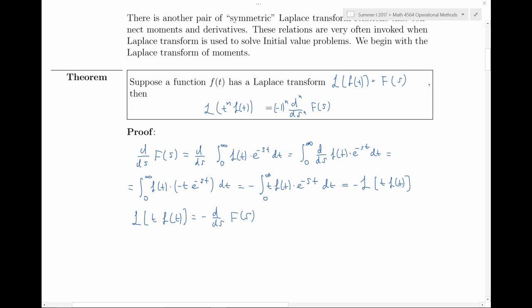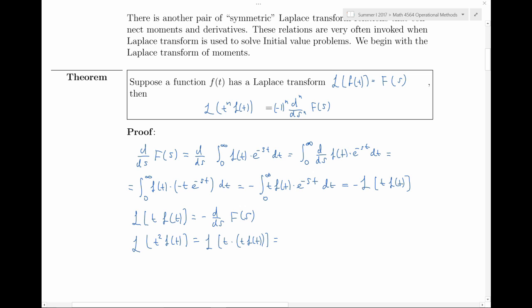Well, what about multiplying by t to the power n? What if I do the Laplace transform of t squared f of t? Well, that's going to be the same as the Laplace transform of t times t f of t.